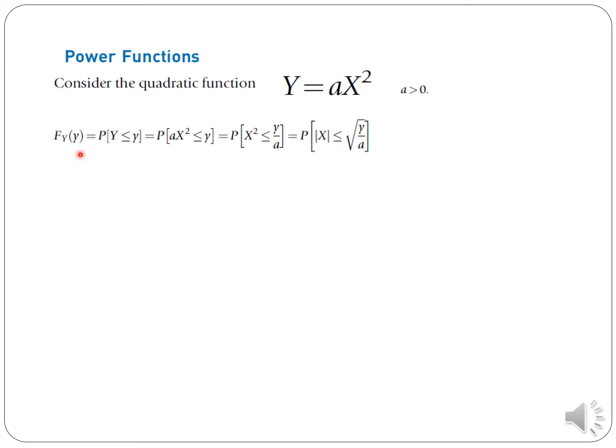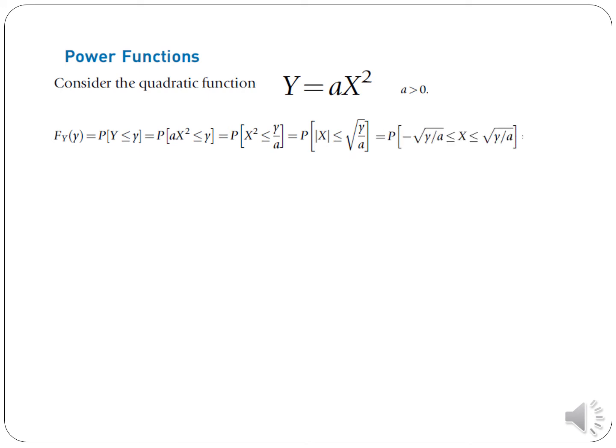You can see the CDF of y is nothing but the probability of y less than or equal to small y, which can be rewritten as a x square less than or equal to y. So x square is less than or equal to y divided by a, and finally x is less than or equal to square root of y by a. I think you can easily follow it.